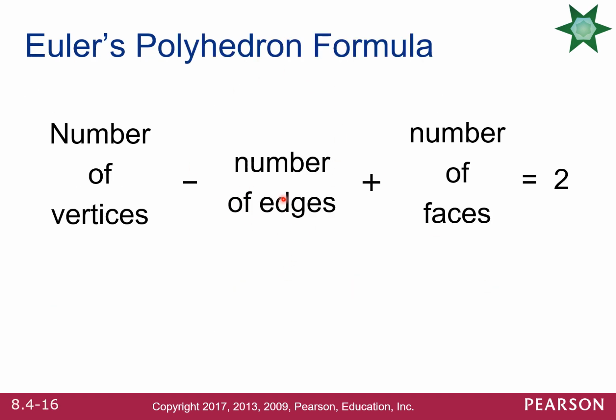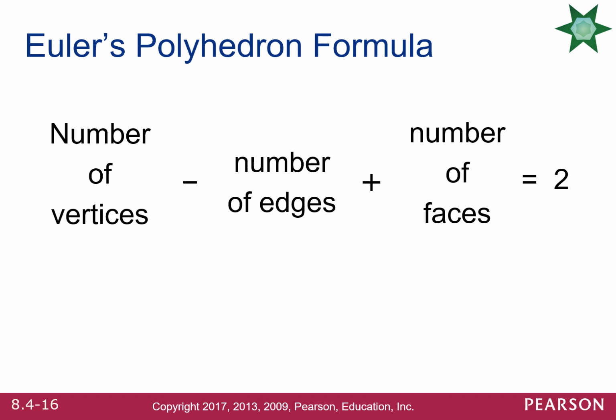Now we'll talk about a formula derived by the Swiss mathematician Euler, which is applied on polyhedrons. And that formula says the number of vertices in any polyhedron. What is a vertex? A vertex is the corner of a figure where all the sides meet.